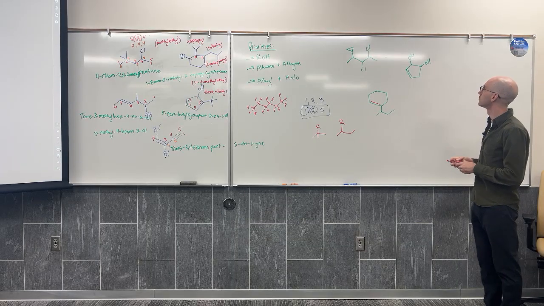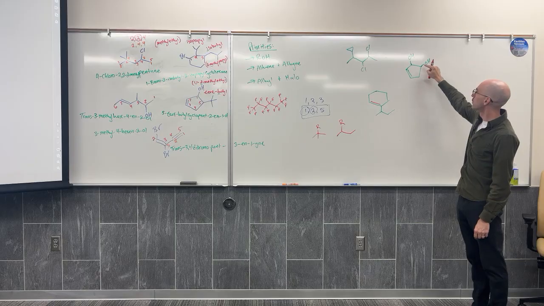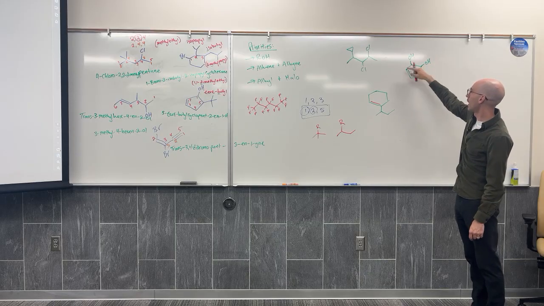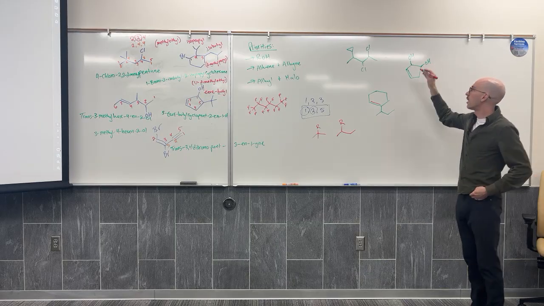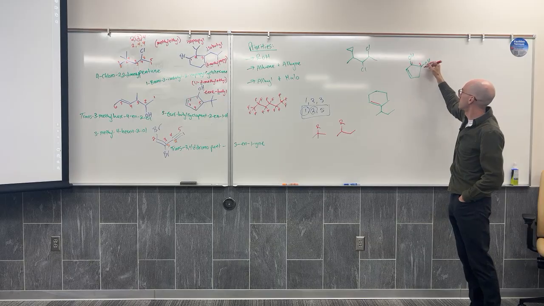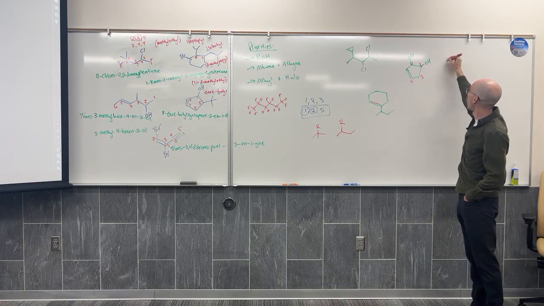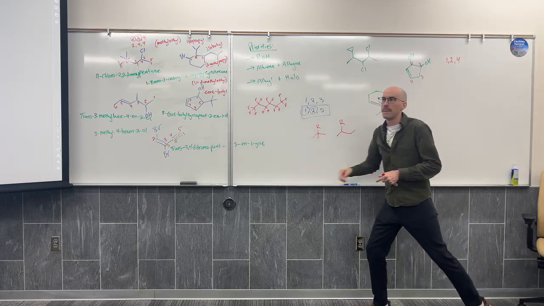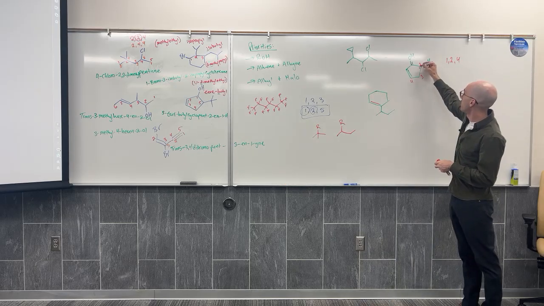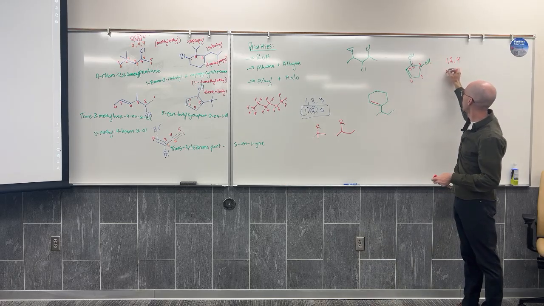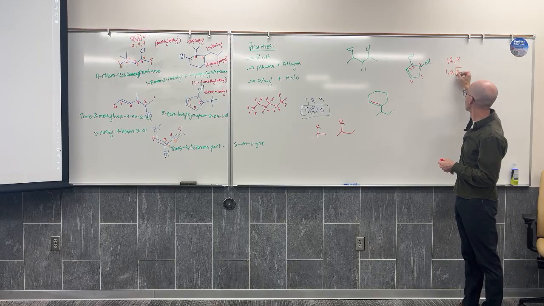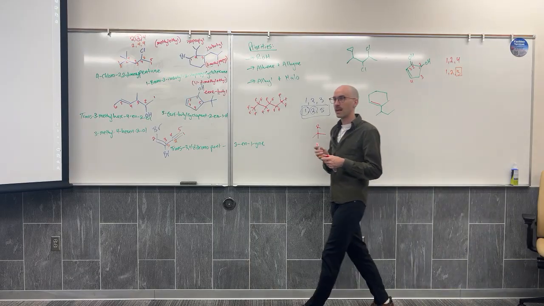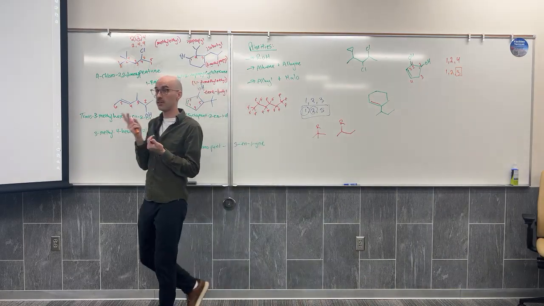Right, left, like over the top, so alcohol, alcohol, alkene. Would you agree that I could have numbered this through the 2 alcohols and gotten a locant set of 1, 2, 4? Or started with the 2 alcohols and gotten a locant set of 1, 2, 3? I can prioritize my 2 alcohols in 2 different ways.